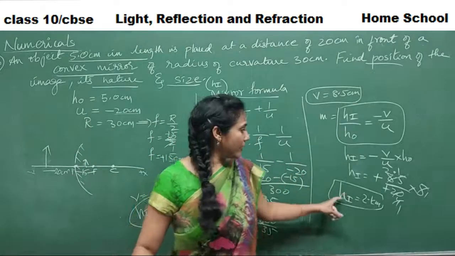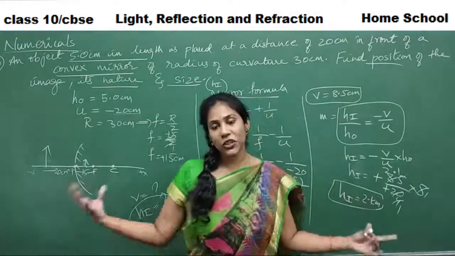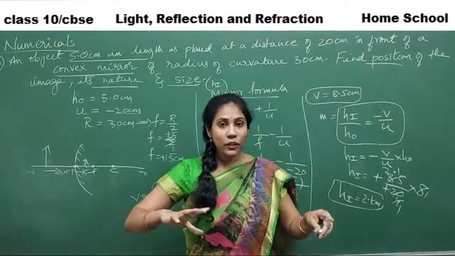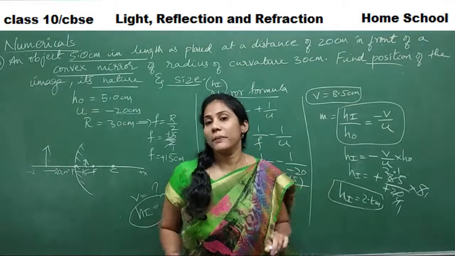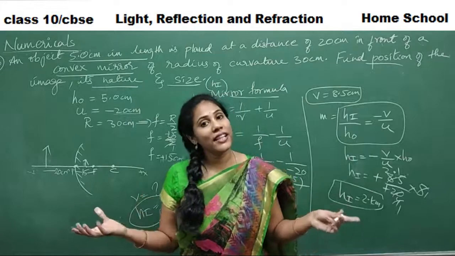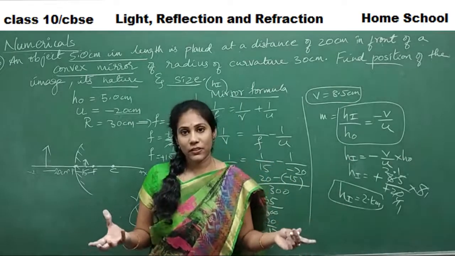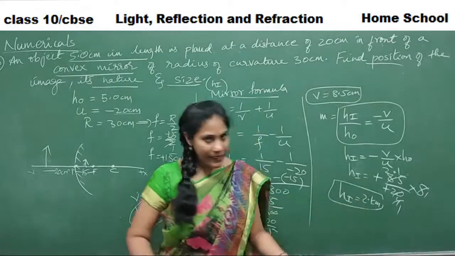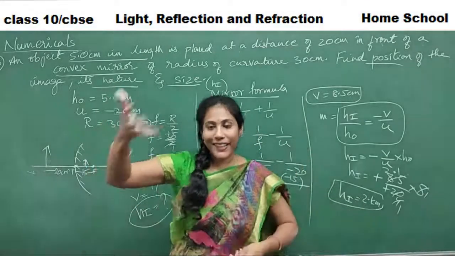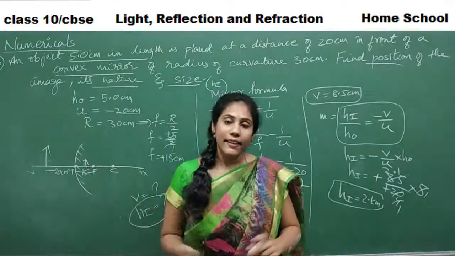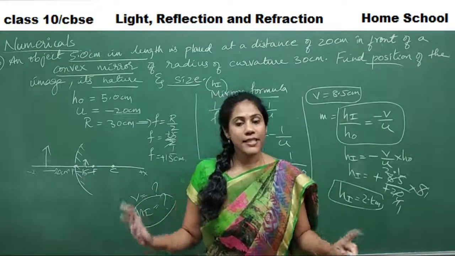Whenever you get a positive value for image height, it says that it is upright. Whenever you get a negative value, it indicates that it is an inverted image. So looking at the height of the image also, you are able to say the nature of the image. So what is the nature here? Image height is positive, which means it is upright. Upright, erect images are always virtual. So the nature of the image is virtual and erect. Okay, so this is our problem.